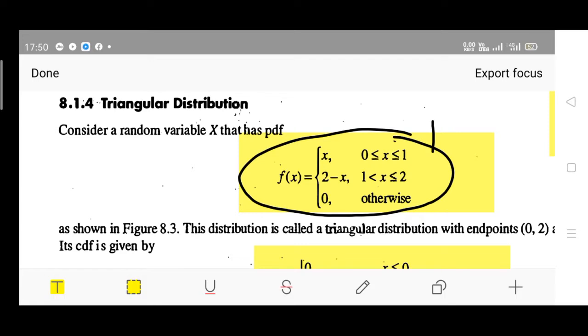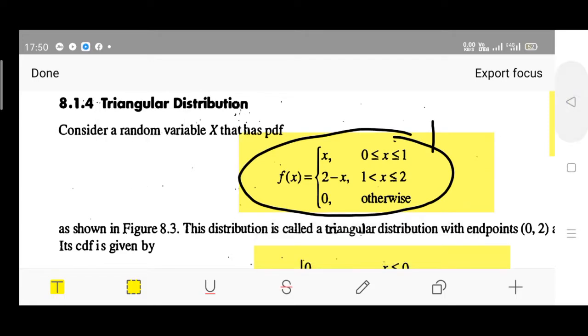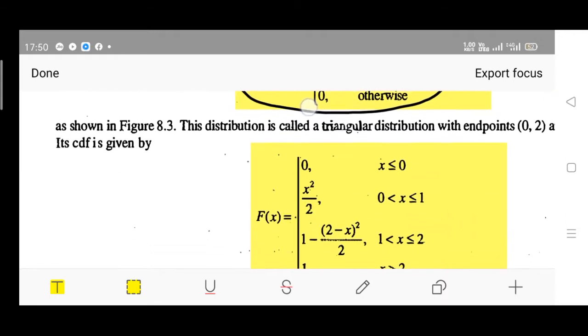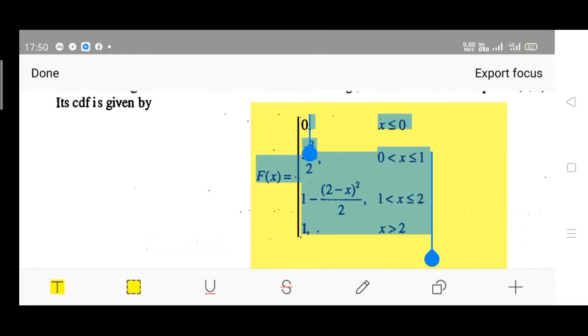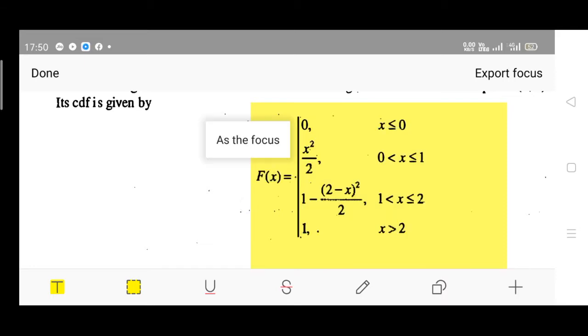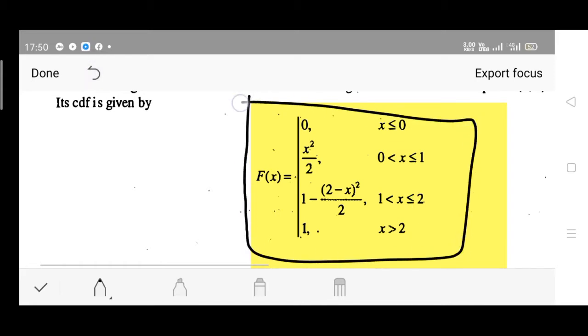Then we generate the random variate by considering the cumulative distribution function, CDF, capital F of x. Just go through these expressions, I have already highlighted them.